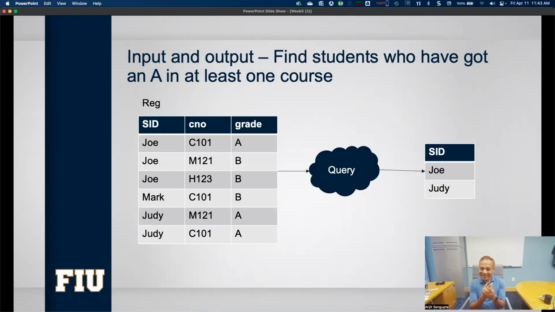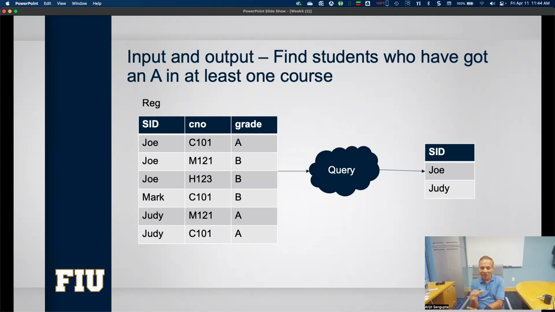Well, the second one actually is a monotonic query. Students who have got an A in at least one course. Think about it. If a student has got an A in at least one course, that student will be part of the output. Now, you can add whatever you want to that table, and that student is never going to disappear from the output because they've already got an A. And nothing you can do by adding rows to the input will prevent that person from showing up in the output.